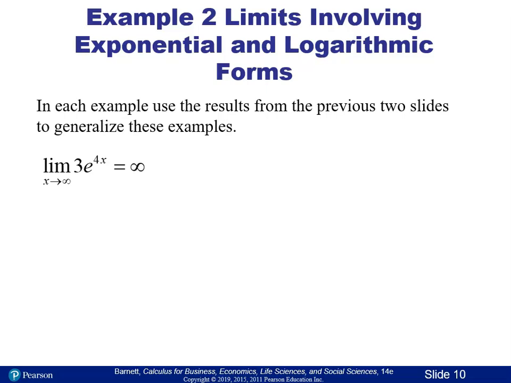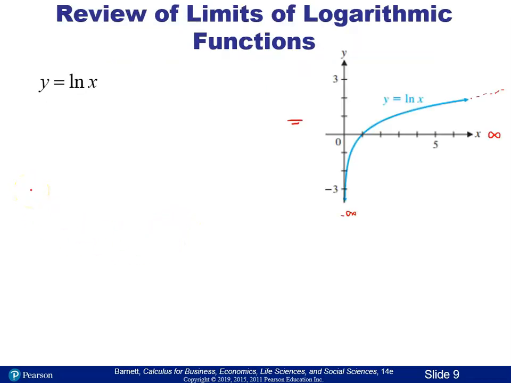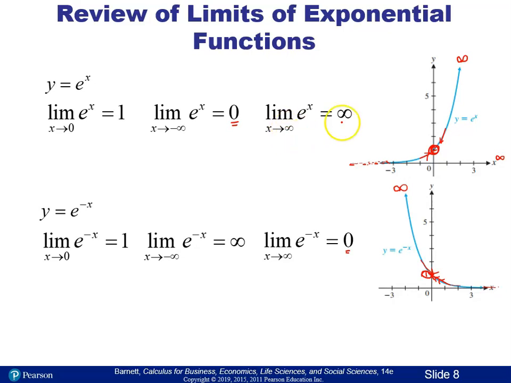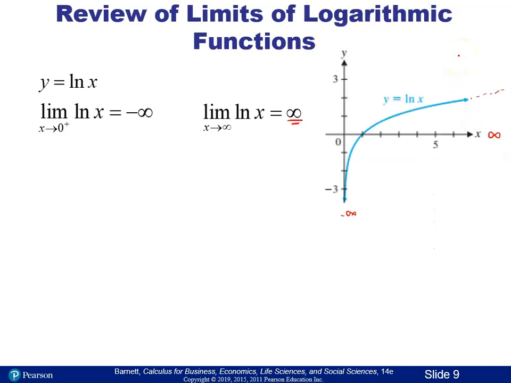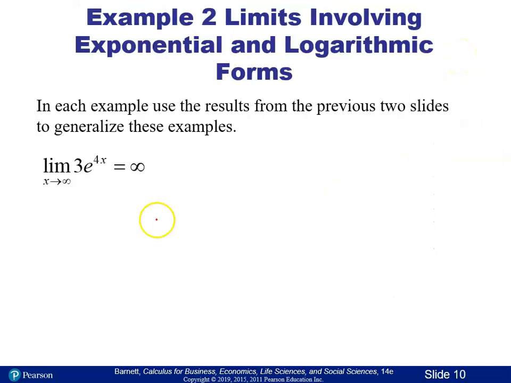Okay, we can take the things we just looked at and generalize some of these things. So the limit of e to the x as x goes to infinity is infinity, okay? So it's going like this. So if I look at the problem we were just talking about here, we know that e to the x is going to go to infinity.